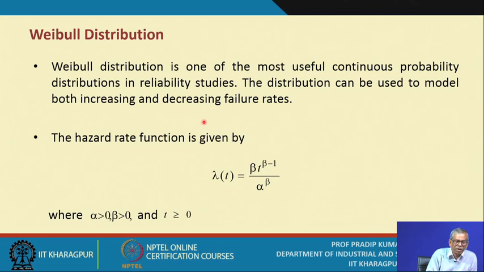Is it okay? So let me highlight some important features of the Weibull distribution. The Weibull distribution is one of the most useful continuous probability distributions in reliability studies. Is it okay? So you need to study the Weibull distribution, and when you assume it, you must be able to compute the corresponding reliability-related parameters.